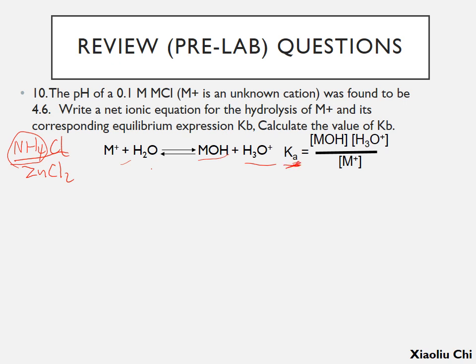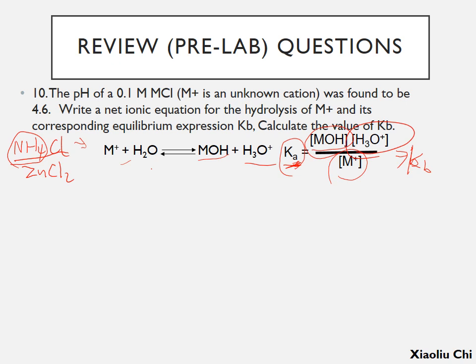So you write Ka. And from the pH value, you calculate the hydrogen ion concentration. And you list the table with initial concentration and the change, and you calculate the equilibrium concentration of the weak base and how much cation is left. And therefore, you first calculate Ka, and then you calculate Kb.